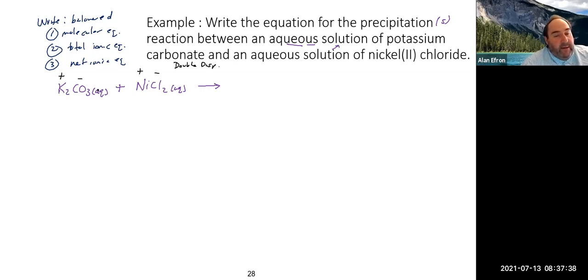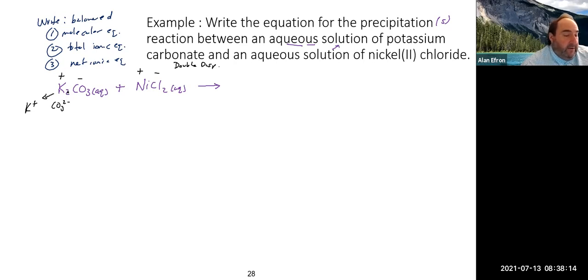Now, another thing that we talked about a number of times previously that's really important is we are not going to concern ourselves with the balancing aspect of this yet. We want to make sure that we lay out the correct formulas on our product side first and then balance it. That is the most important thing. To illustrate, the basic units that make up this compound are K+ and carbonate, CO3 2-.